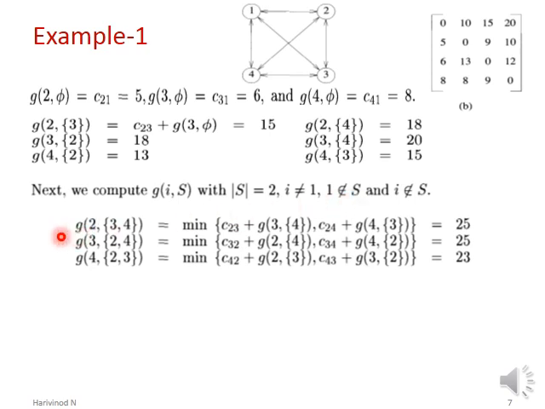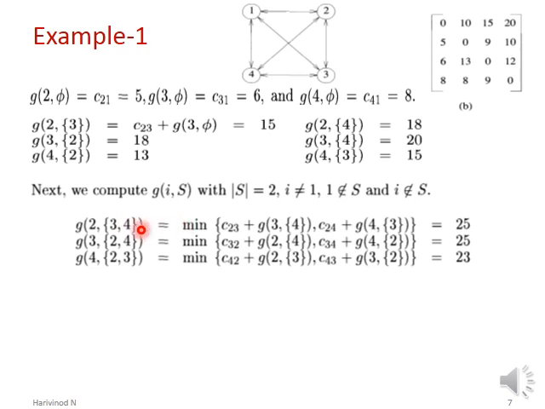Now what are the possibilities we have? If you start from 2, the other two vertices are 3, 4. Starting from 2, we have two choices: either we can go to 3 or we can go to 4.